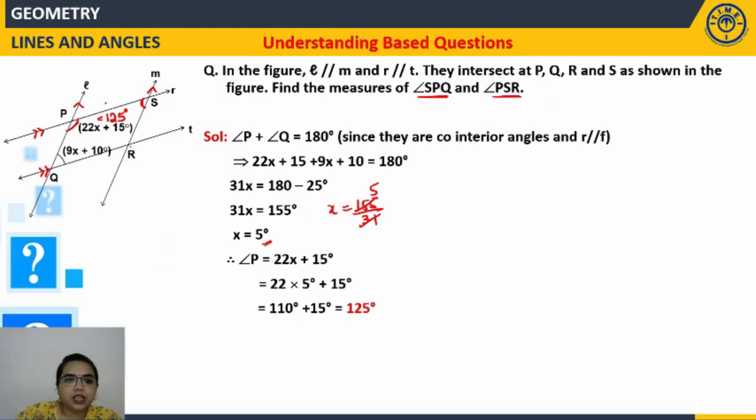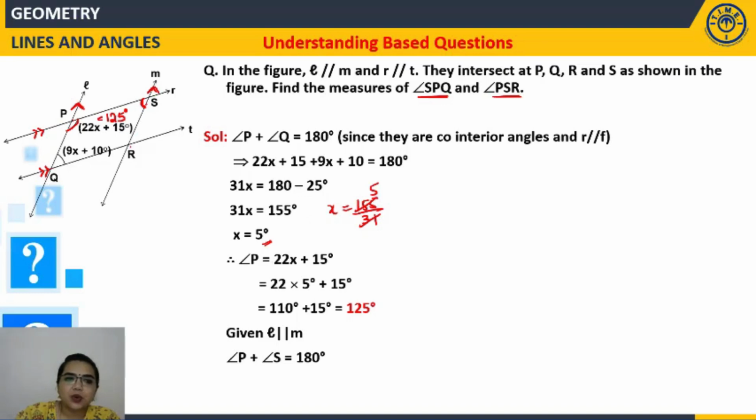Right. Next we need to find the angle PSR. Now you should be able to tell me this, because we have used this concept any number of times till now. If you can see here, these two lines L and M are parallel to each other. R is acting as a transversal. What are these two angles, QPS and angle PSR? Yes, they are interior angles on the same side of the transversal, or co-interior angles.